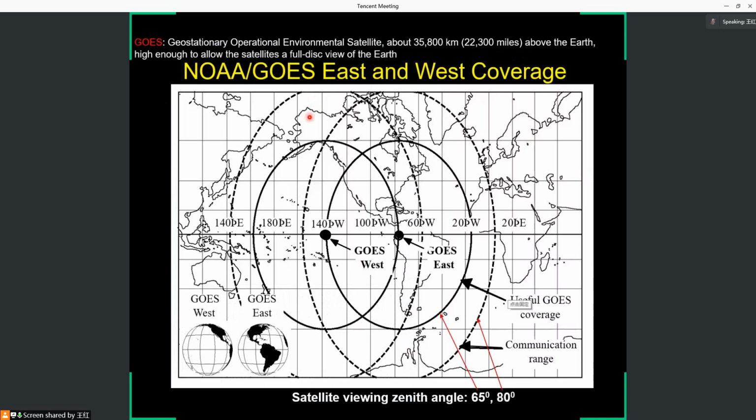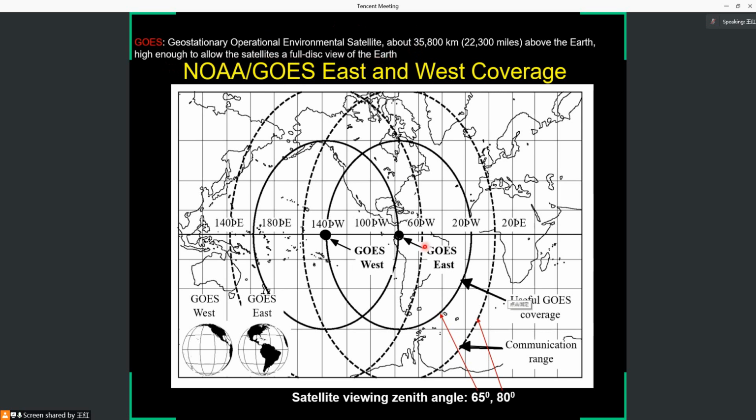And this is GOES. You see the orbit height from our Earth is 35,800 kilometers, so very high. High enough to allow the satellite a full view of Earth.